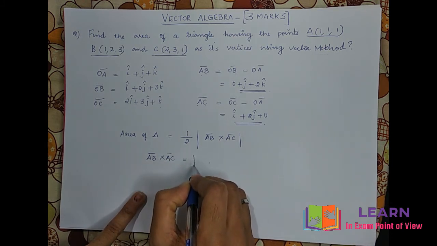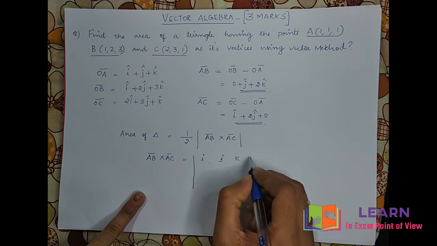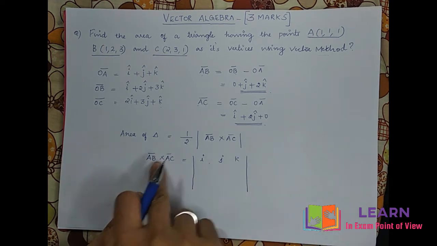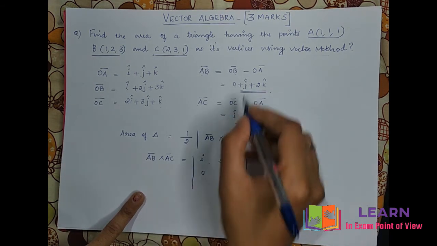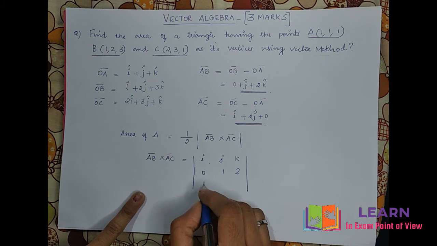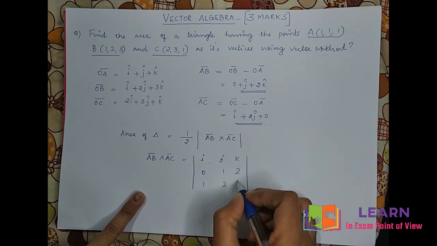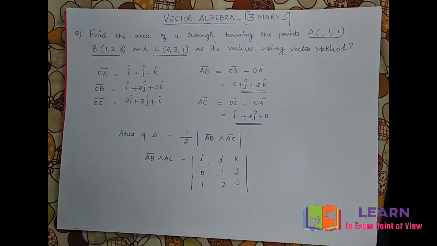Like a determinant, you will take here I, J, K. Then here the coefficients, here 0, 1, 2 for AB. Okay. For AC we have 1, 2, 0. Then just solve like determinants.